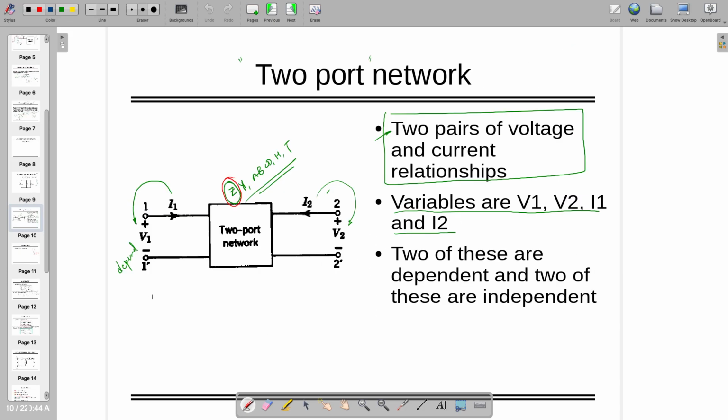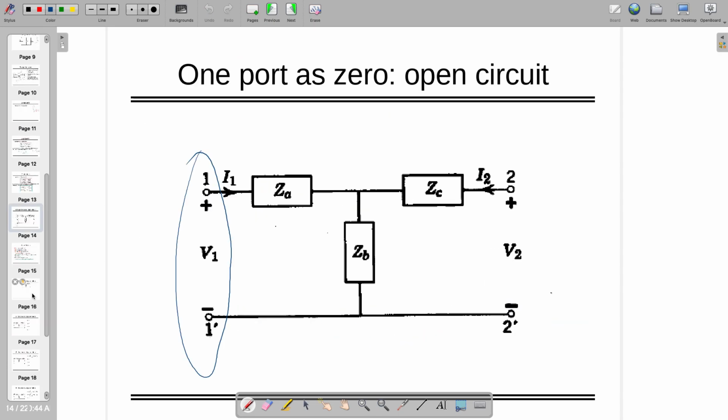So when we want to find out, let's say Z12, at that time it's V1 by I2, where I1 is equal to 0. At that time V2 is not playing any role. So you need to make sure that I2 is also 0 and V2 is not there. That particular analysis is known as open circuited analysis, where we are not considering the other node.